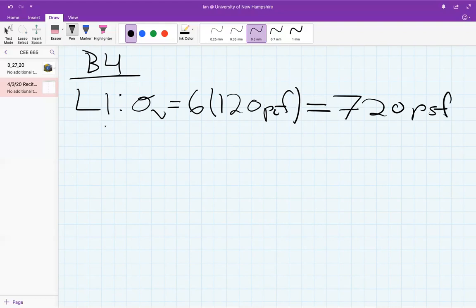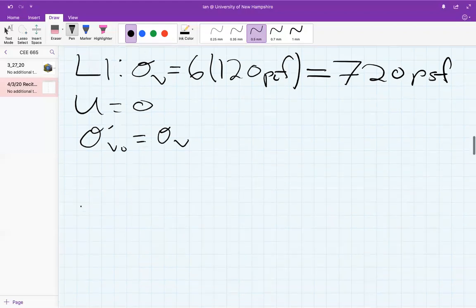And since this is above the water table at this moment, the pore water pressure is just going to be 0. So therefore, the effective stress is going to be equal to the total stress for the first layer before we lower it. So this is layer 1.